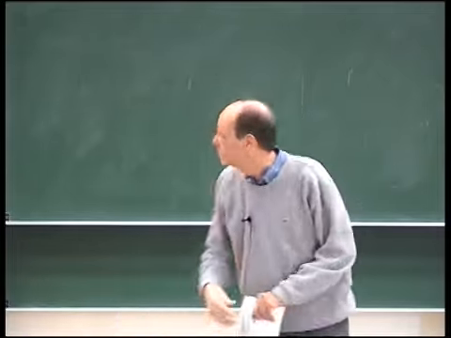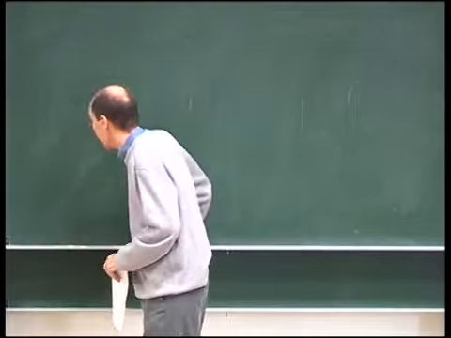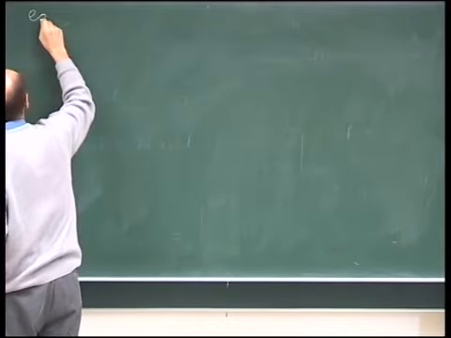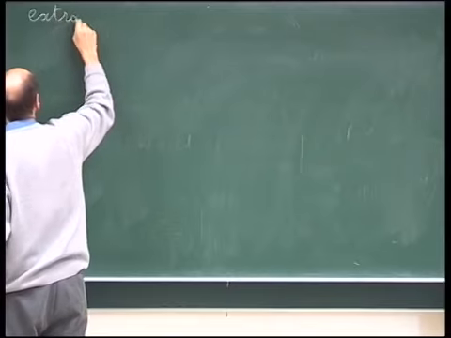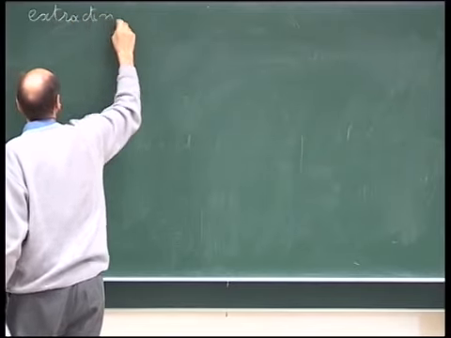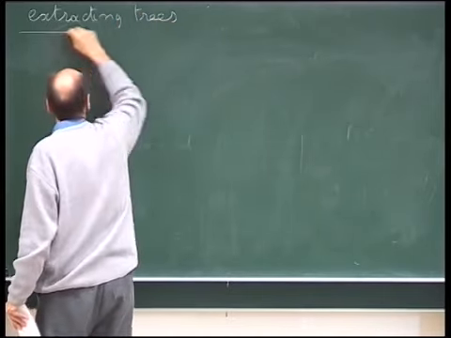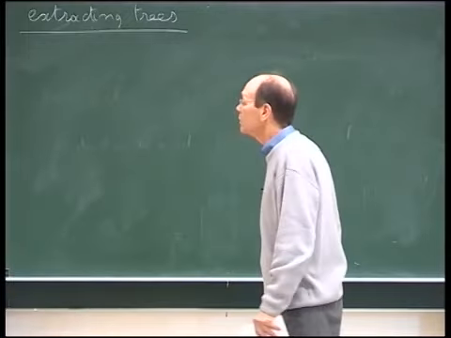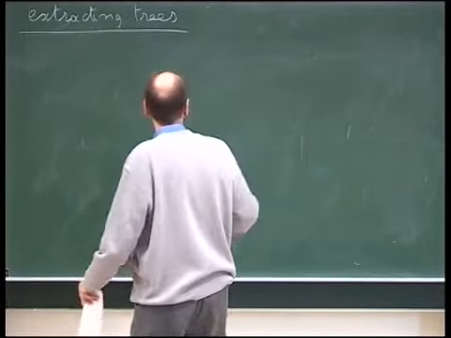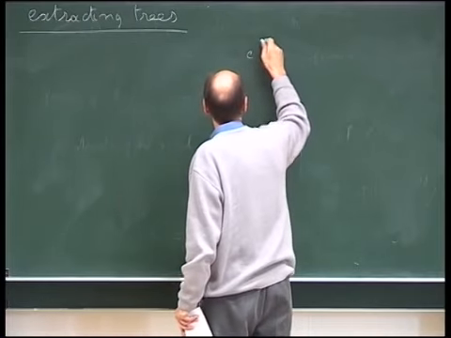Okay, so the next topic then is extracting trees. What you have here is a gas of loops, the exponential of a sum of loops.